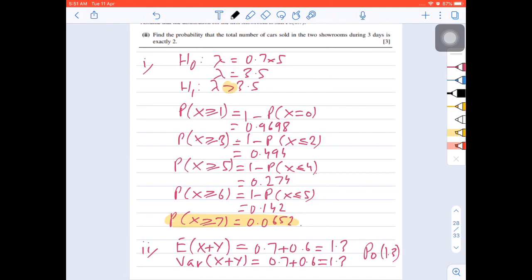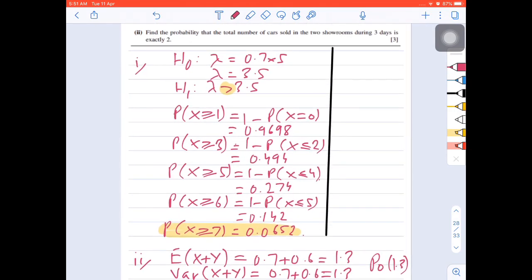So I'll just do it above. During the 3 days there have to be 2 cars, right?